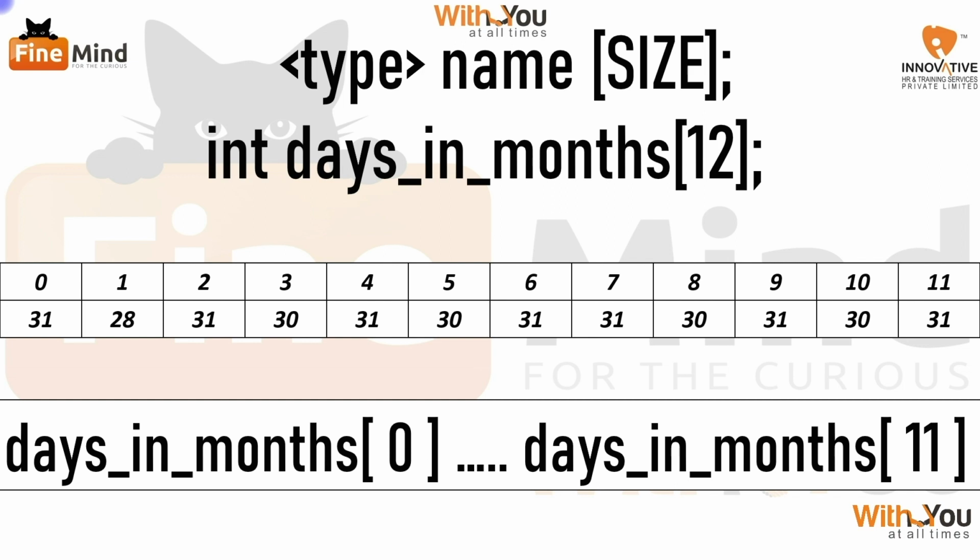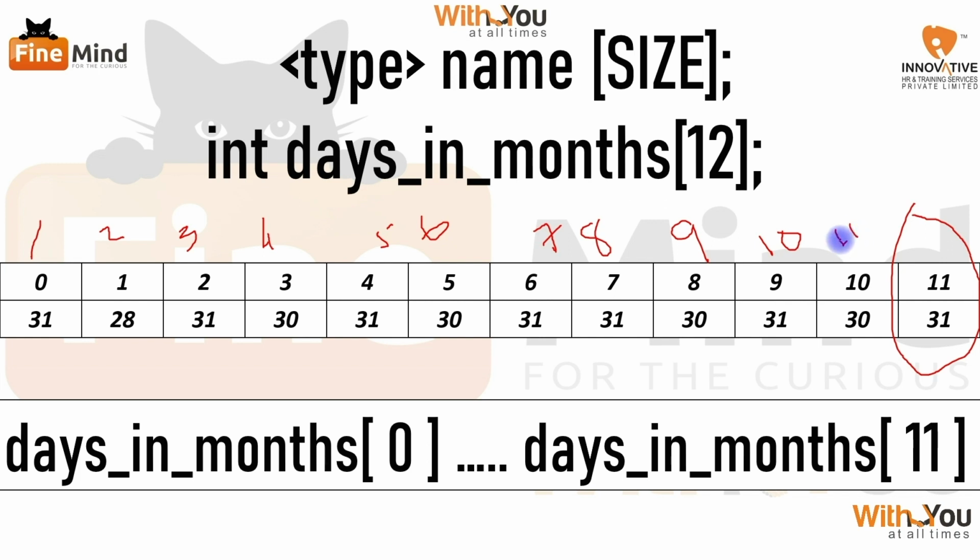Move 11 elements. For example, to reach this particular place, you will move 11. How much? 1, 2, 3, 4, 5, 6, 7, 8, 9, 10, and 11.